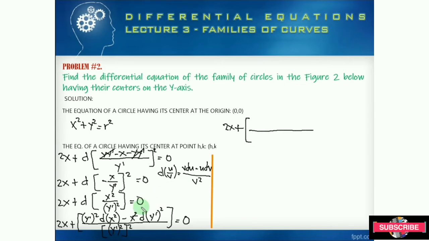So y prime squared times the derivative of x squared, which is simply 2x, and then minus x squared times the derivative of y prime raised to the square.